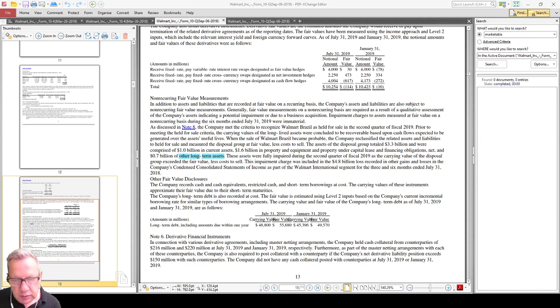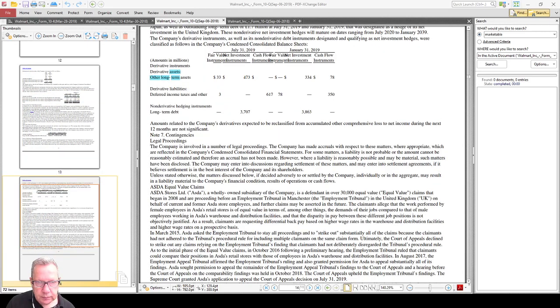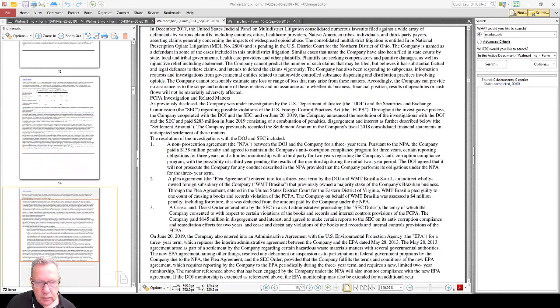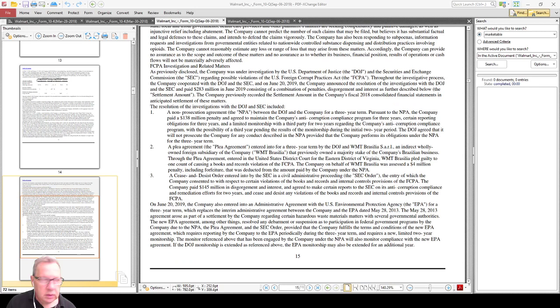The assets of a disposable group totaled 3.3 billion, 1 billion in current assets and property and equipment for Walmart Brazil. All right, let's just call that the number for now.